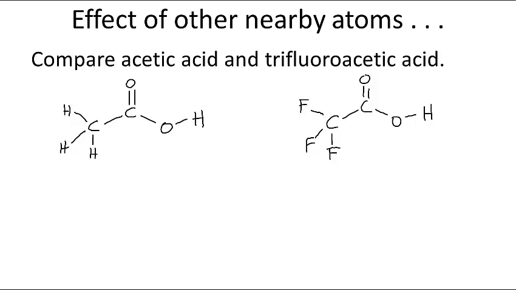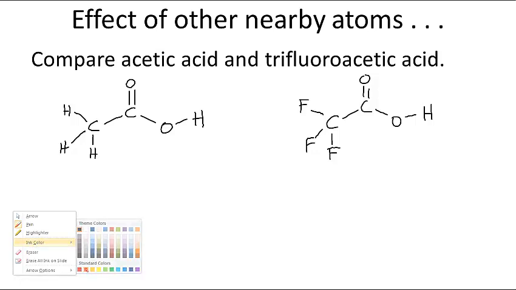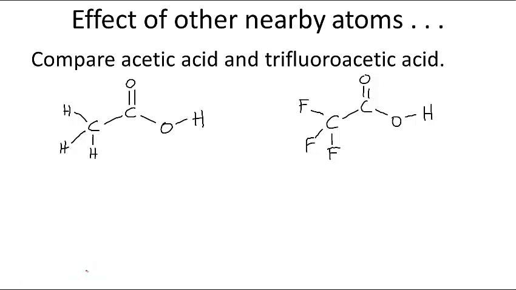Partially positive and partially negative. So fluorine is very electronegative, so fluorine is doing what to electrons? Stealing, it's pulling them toward itself, right? You're pulling electrons this way.